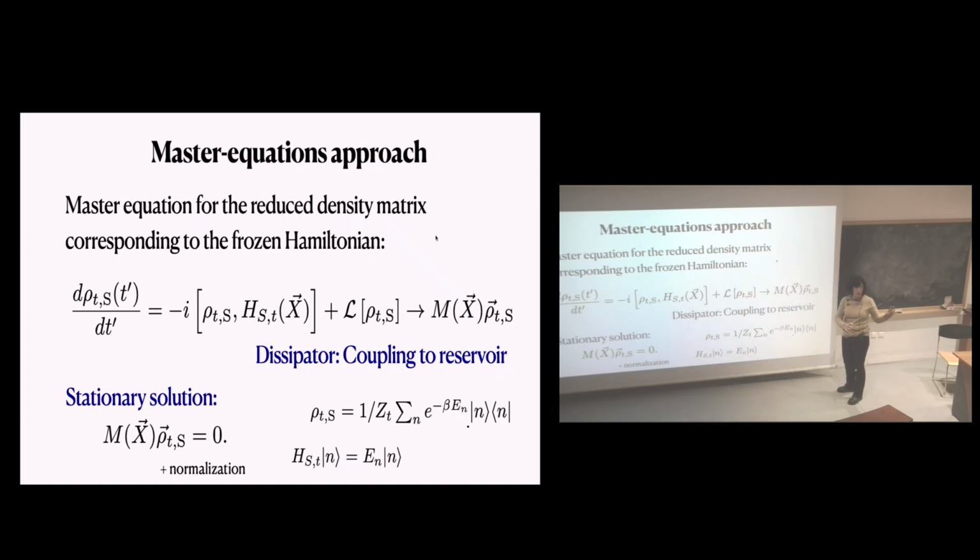I think that there are lectures afterwards which will go more into the details. Johannes mentioned something in this direction yesterday. So we have this equation which rules the evolution of the reduced density matrix, and what usually appears here is a non-time-dependent Hamiltonian, which could be, for instance, the Hamiltonian corresponding to the frozen parameters.